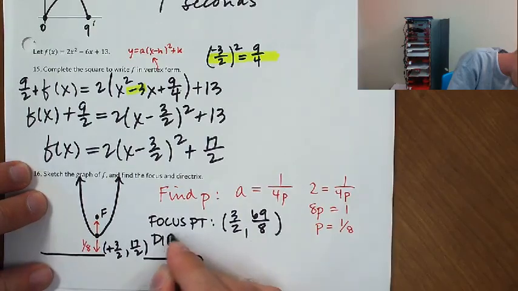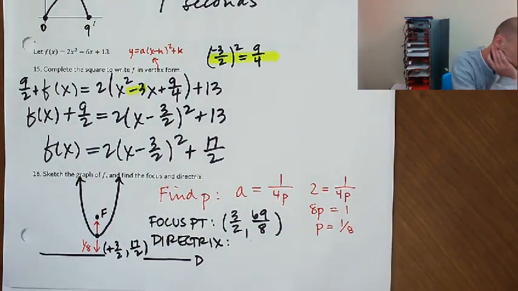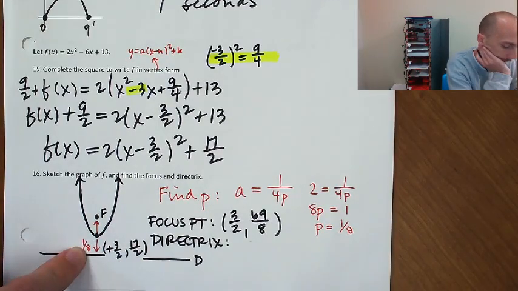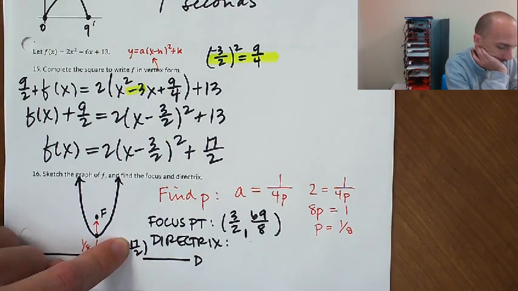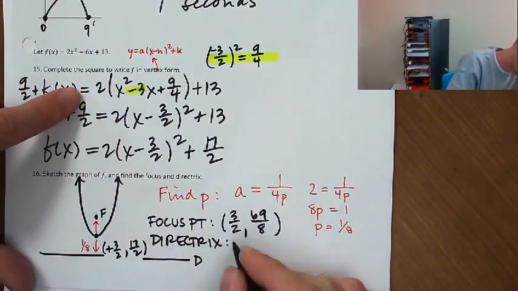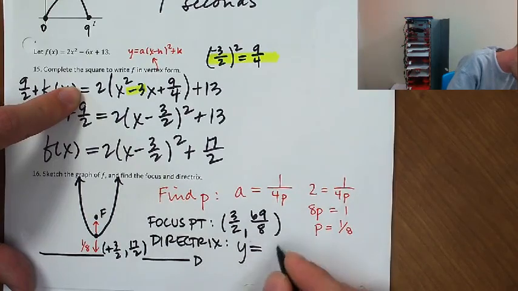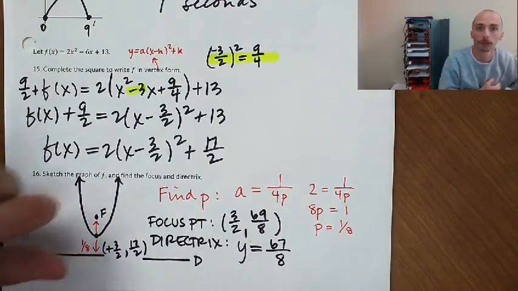And then the directrix is going to be, I'm going to take 17/2 and subtract 1/8. Again, 17/2 to 40 and 28 is 68. Minus 1 is 67. And this is a horizontal line, so it's going to have an equation, y equals 67 over 8. And that's how we found the focus and directrix.